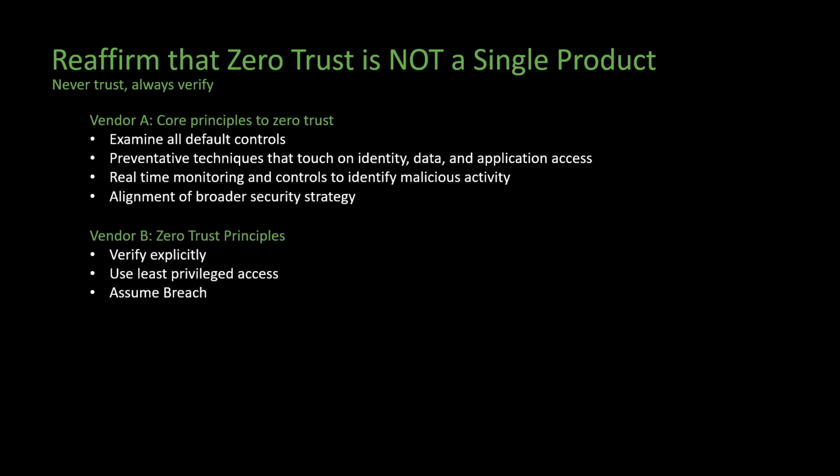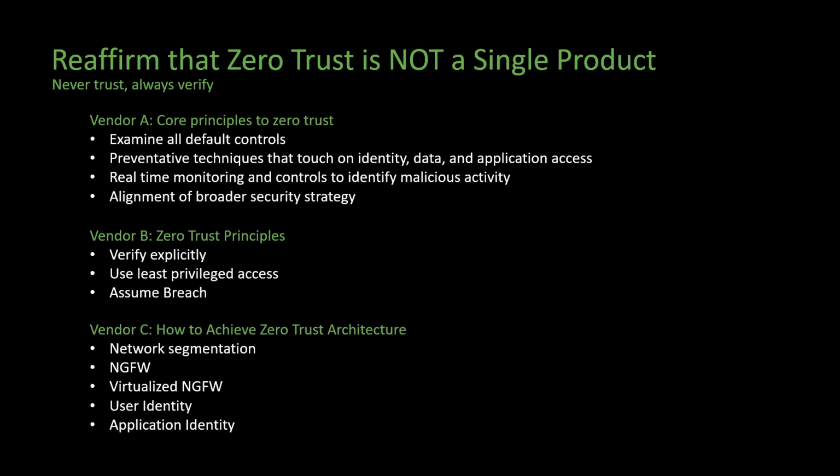Then we get into vendor B, zero trust principles: verify explicitly, use least privileged access, assume breach. And then vendor C, how to achieve zero trust architecture: network segmentation, next generation firewall, virtualized next generation firewall, user identity, application identity.